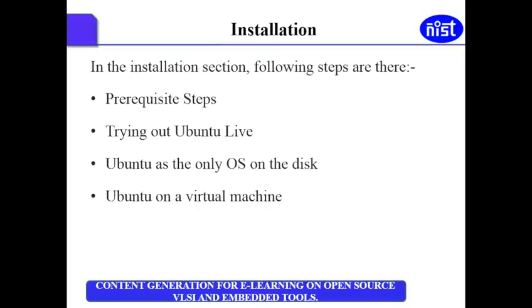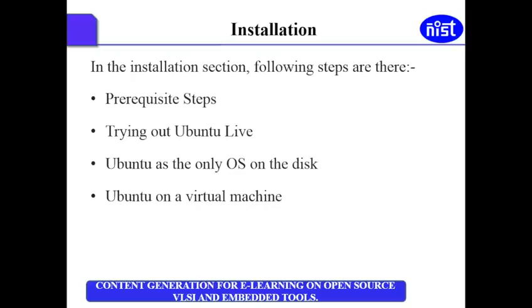In this lecture we will have both Ubuntu direct download and Ubuntu as the single operating system, and next we will also have a virtual machine where we will install Ubuntu. Installing Ubuntu in a virtual machine is the best option because you don't have to damage your other drives, which you may damage when you have more than one operating system.